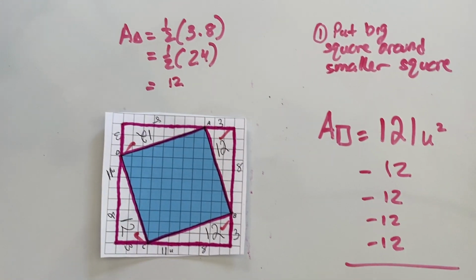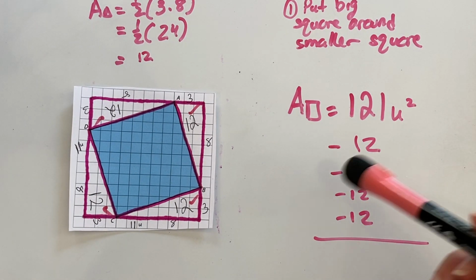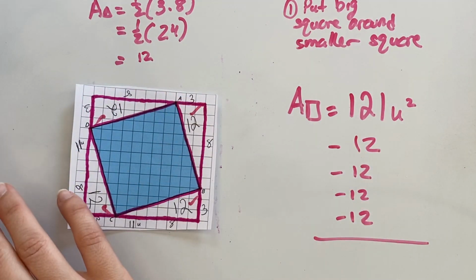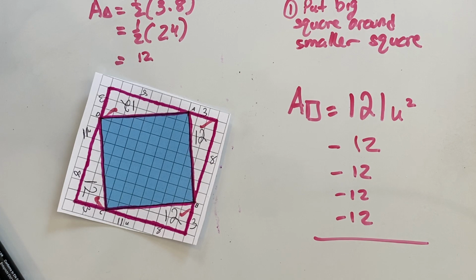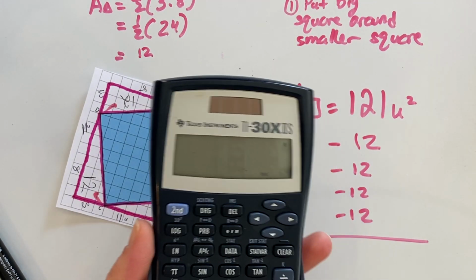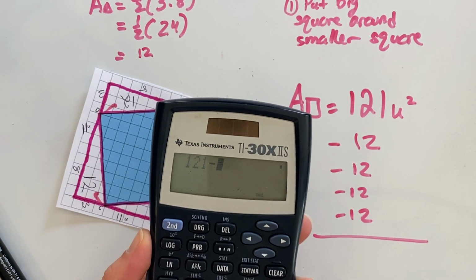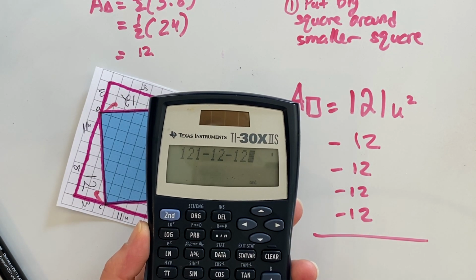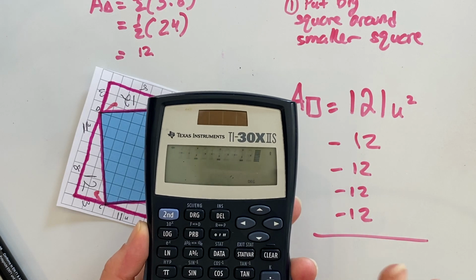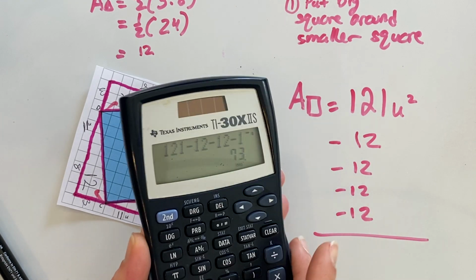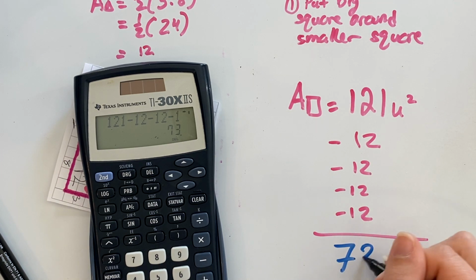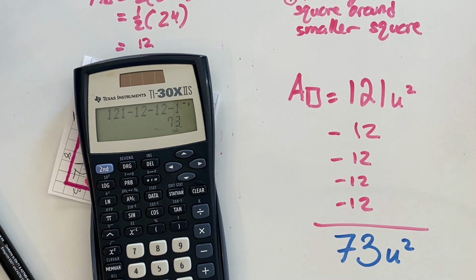Now you can use your calculator, and we are just going to subtract my surrounding triangles. We're going to do 121 minus 12 minus 12 minus 12 minus 12. So we end up with 73 units squared.